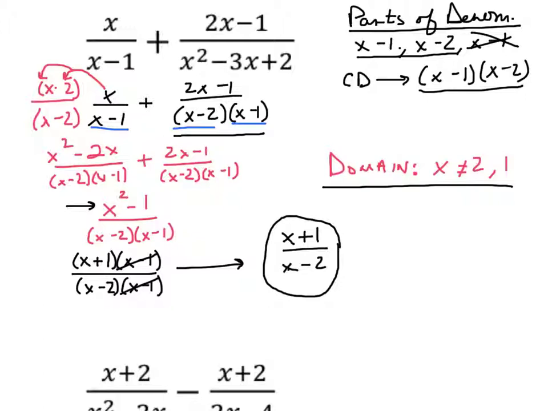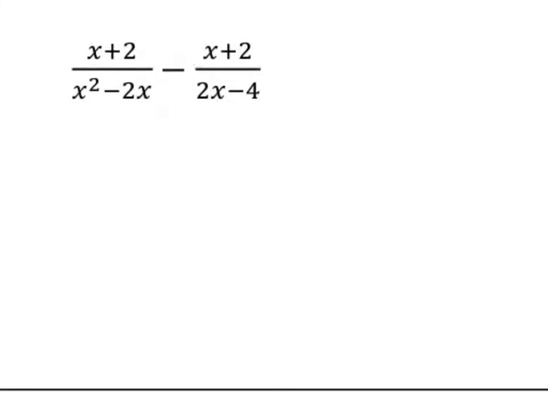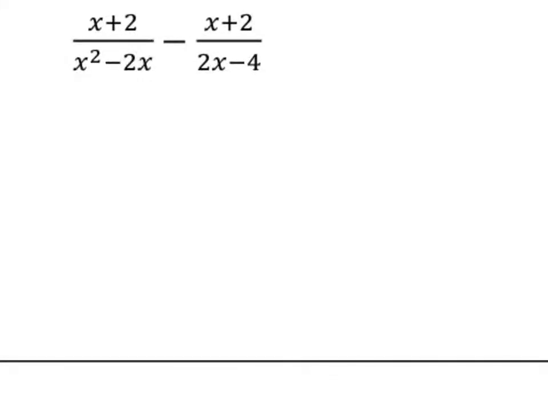All right, now let's take a look down at problem number 2. Okay, this is a subtraction problem now. The first thing we want to do is factor out the denominators. So I've got an x plus 2 on top. That doesn't factor. I can take out an x on the bottom, and I'm left with an x minus 2.